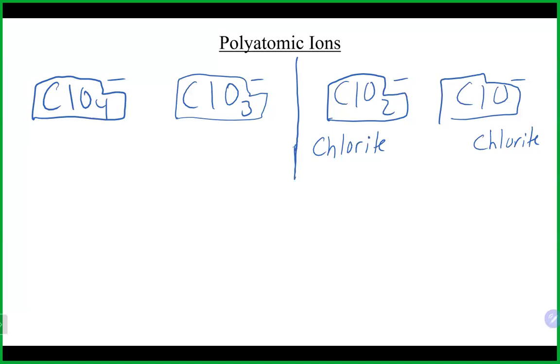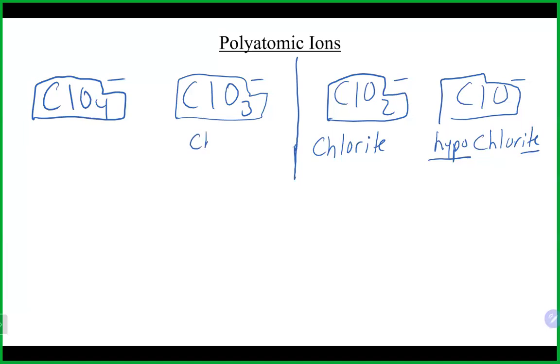They clearly cannot have the same name for 2 different things. So when we have a group of 4, the one with the least number of oxygens in that group of 4 will end with ite and actually start with hypo. So this is what is known as hypochlorite, and chlorite. The guys to the left here have the most oxygens, which means they should end in ate.